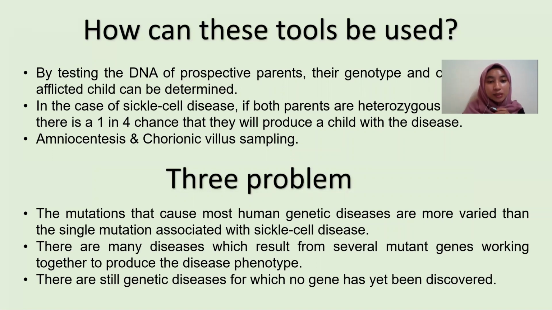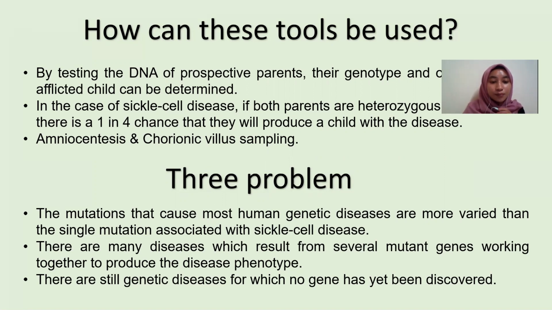The mutations that cause most human genetic diseases are more varied than the single mutation associated with sickle cell disease. For example, in the cystic fibrosis gene, there are over 1,000 different mutations that can cause the disease. So we need more than one probe to identify the disease, but using more than one probe will cause false negatives, where people who do not carry the gene are falsely accused.